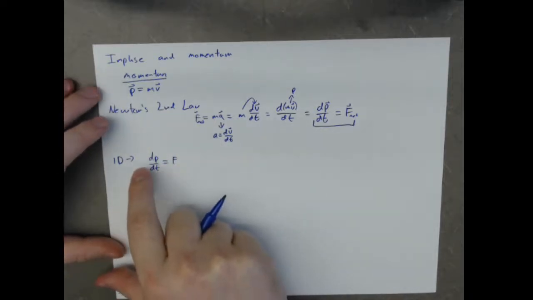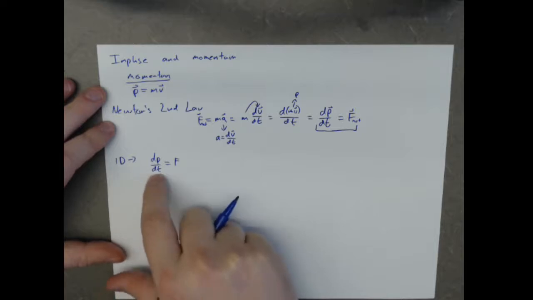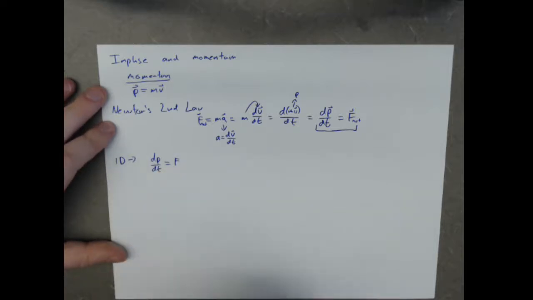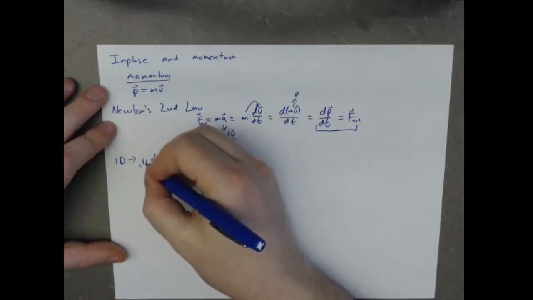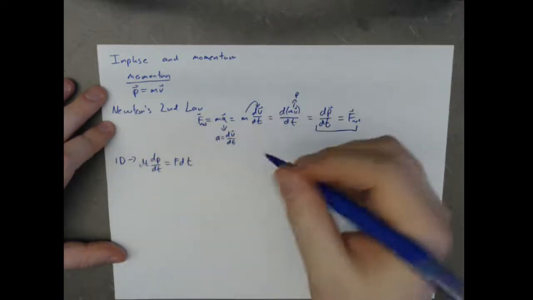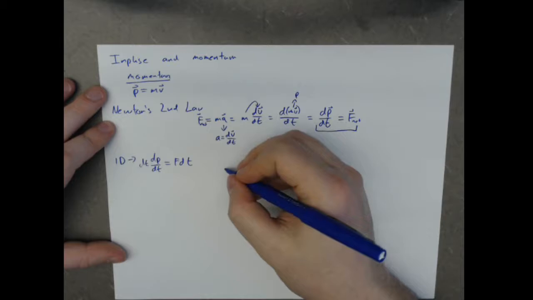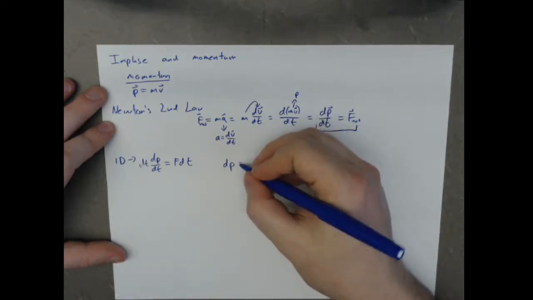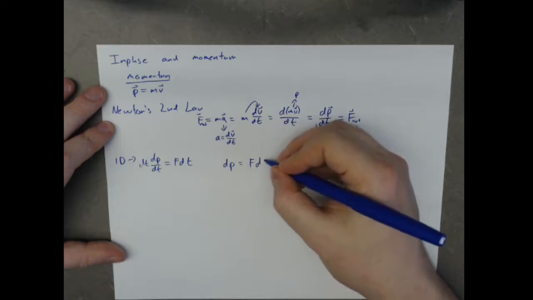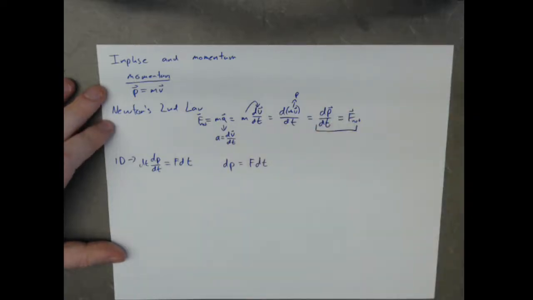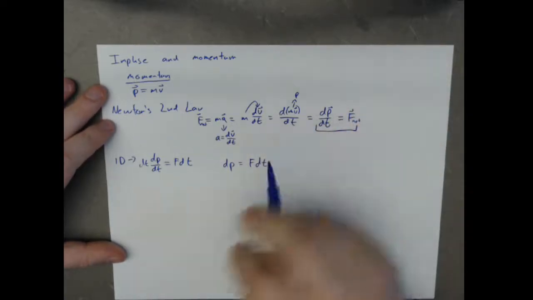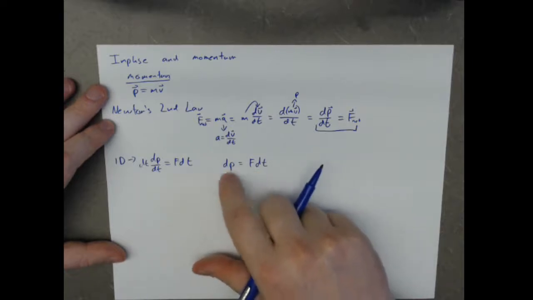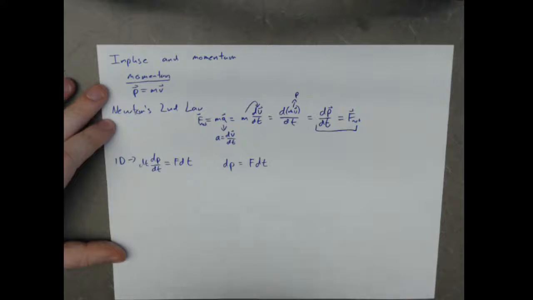The differential change in momentum over the differential change in time is equal to the force acting on the object. I'm just going to multiply both sides by dt so that the differential change in momentum is equal to the force times the differential change in time. If a force is applied for a very small amount of time, we'll have a very small change in momentum.